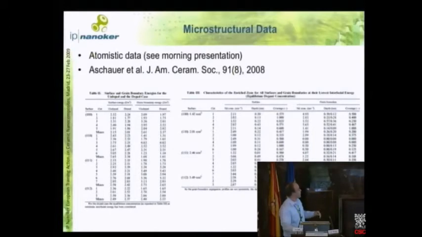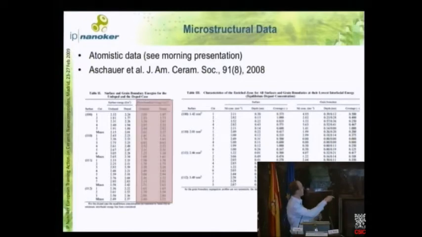So what I show here is the atomistically derived data that we have. I'm going to skip surfaces completely again because I want to look at ceramics, so it's more grain boundaries that are interesting to me. We have grain boundary energies for the doped and the undoped case for all of these 21 boundaries I mentioned this morning.